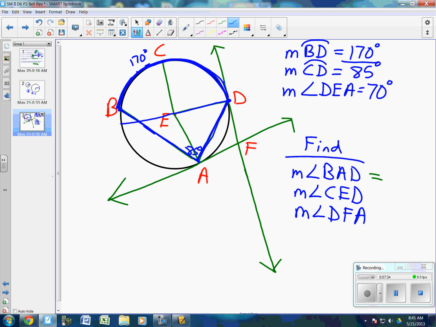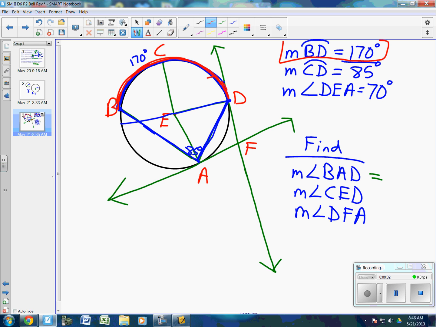Okay. One more time. Watch, you guys that are kind of so-so. I gave you the measure of arc BD. We took the measure of this arc right out here. It's 170 degrees. Carly, you watching? This is arc BD out here, 170 degrees.